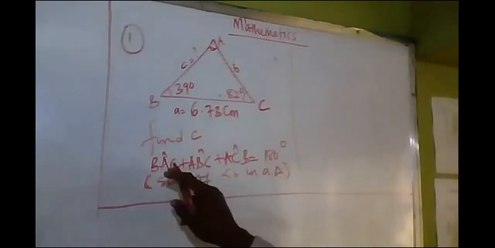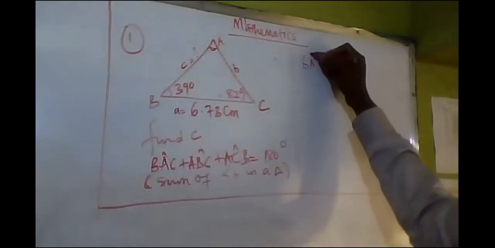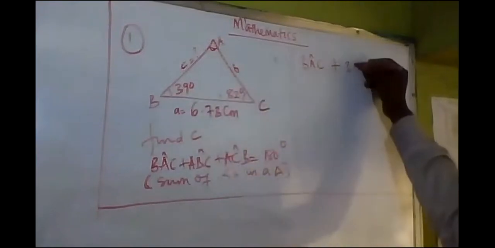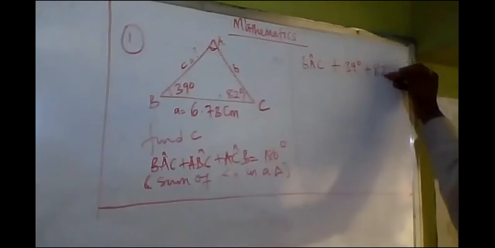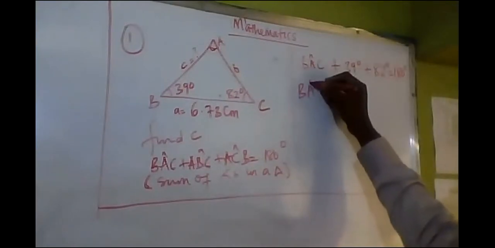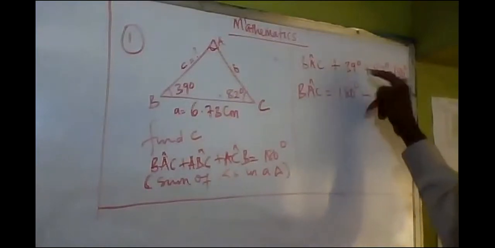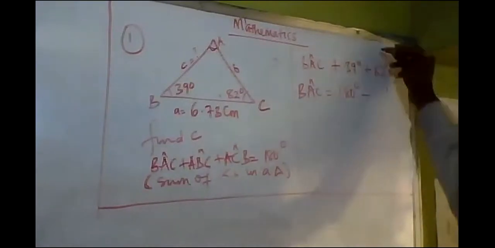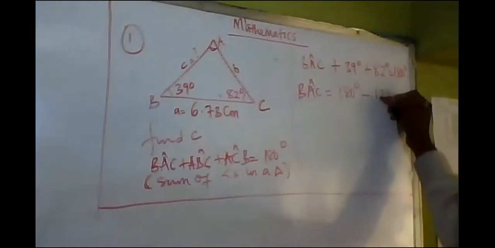Now, our BAC, that's our angle A, is what we are looking for, plus angle B, which has been given to us as 39 degrees, plus 82 degrees, equal to 180 degrees. So BAC is equal to 180 degrees minus, add this together: 9 plus 2 is 11, carry 1. 8 plus 3 is 11, plus 1 is 12.